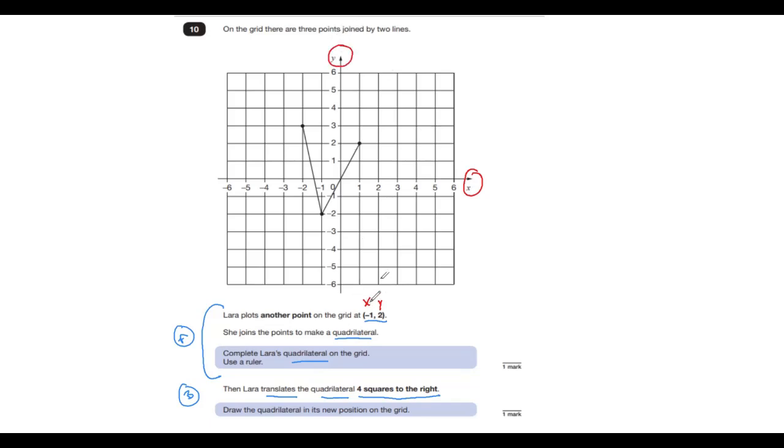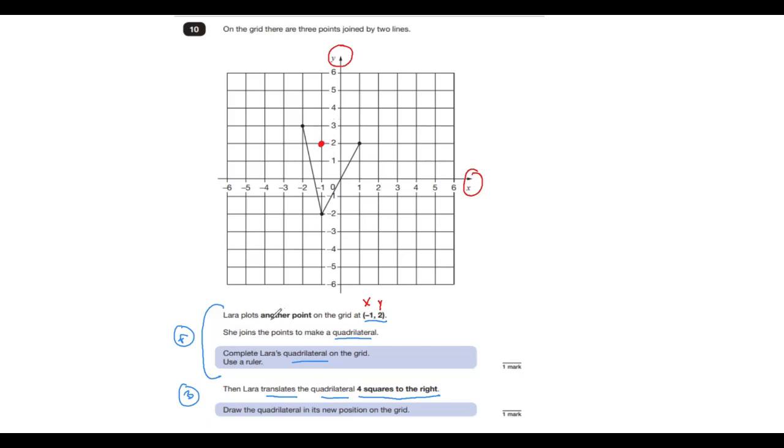So if we go across the X line until we find -1, and it is here. And then what we need to do is go up until we get to 2 on the Y line. And this is where we stop, because there is 2. So our new coordinate point is -1, 2.